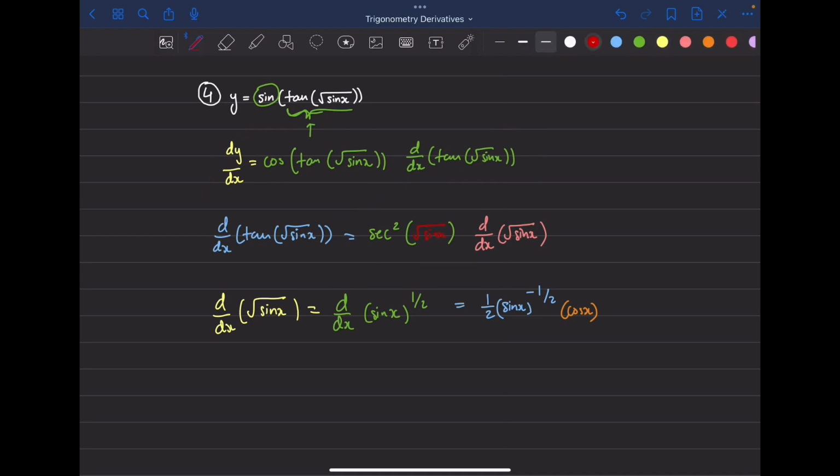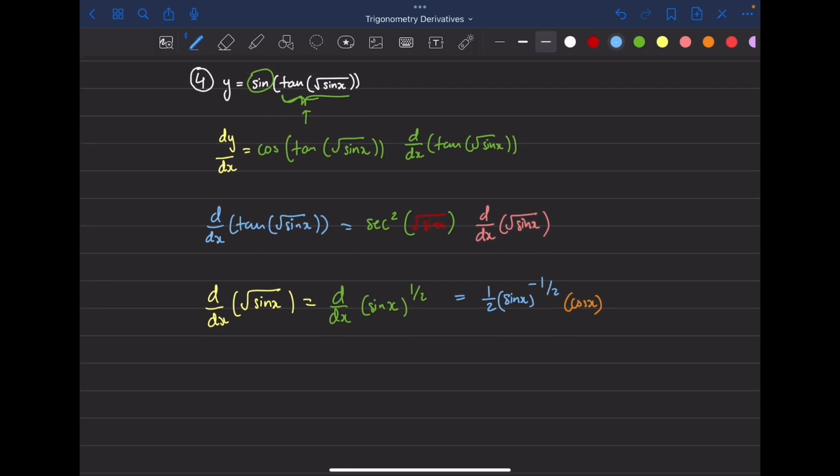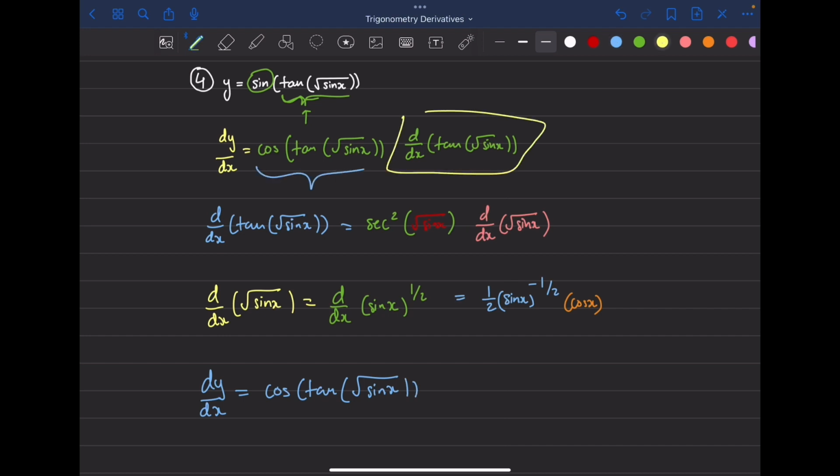Okay, so what this will end up looking like is the derivative of y with respect to x is equal to cosine of tan of the square root of sine x. All I did was I copied this part here, and then multiplied by this part, but this part is equal to whatever we have here, so multiplied by secant squared of the square root of sine x.